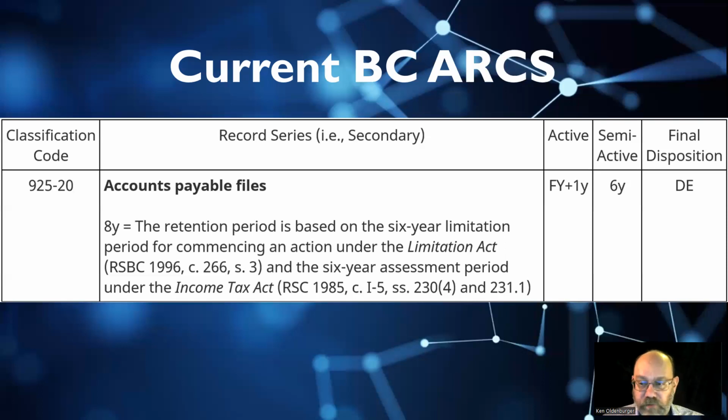There was no electronic file management, and there was no file folder tracking software, but that's another issue. The +1 was actually an instruction directly to file clerks telling them to keep the closed files in their offices for an extra fiscal year in order to make it easily accessible for financial staff to reference last year's information.